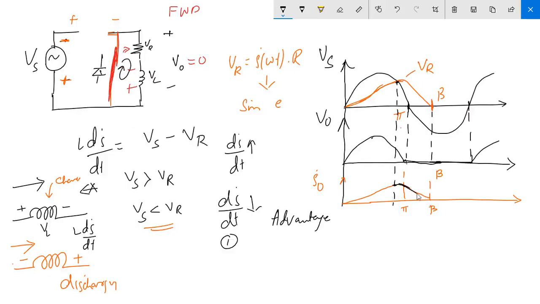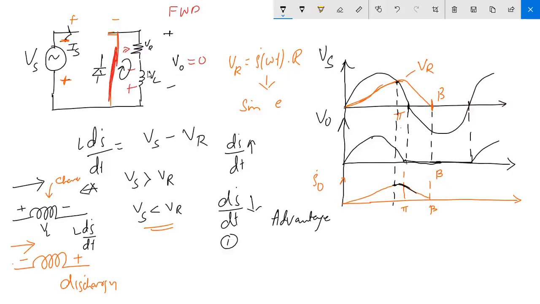But what about the source current? The source current is interrupted. The source current will always follow the Vs curve. So by connecting a freewheeling diode across the load, your load current becomes continuous.